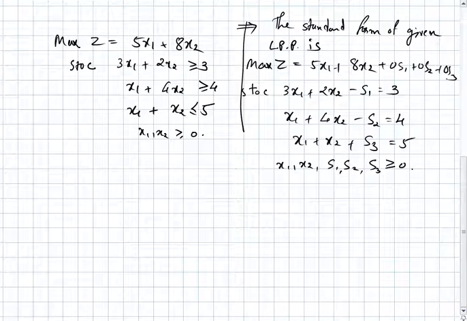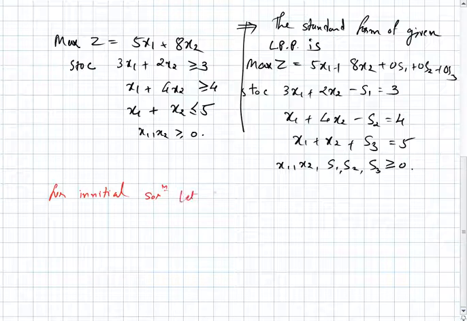But if from this we start with an initial basic feasible solution, then for the initial solution, let x1, x2 be 0. Then s1 equals minus 3, s2 equals minus 4, and s3 equals 5.